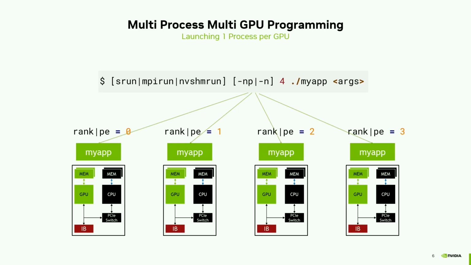These have a lot of options to map your processes correctly on your resources. Here, for simplicity, I'm just showing the most important one: how many instances do you have? If you use that launcher, provide your app with your arguments, it takes care of launching one instance of your application for every GPU, and after the library is initialized, they get back a rank in case of MPI and NCCL, or a processing element PE ID from 0 to number of processes minus 1, so that they can identify themselves, know how many others are there, and then use that to orchestrate their communication.